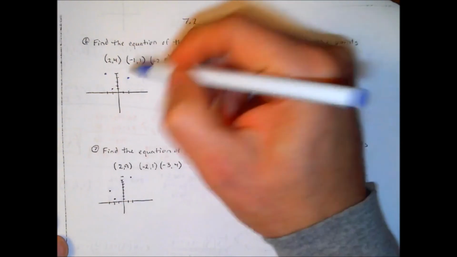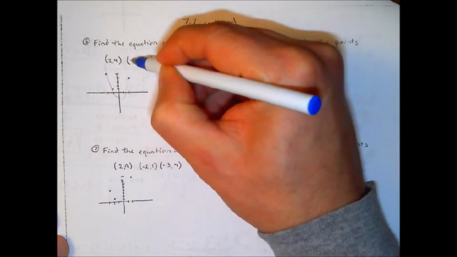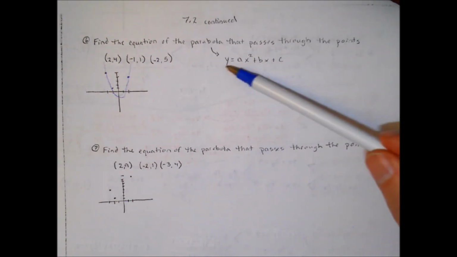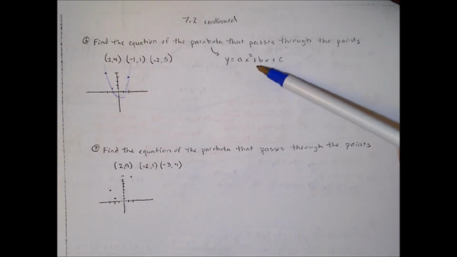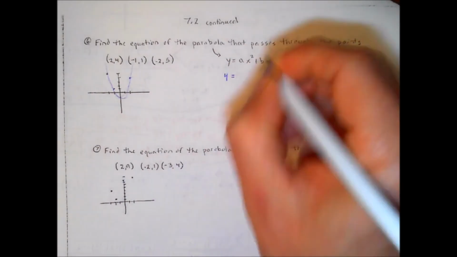So 1 equals negative 1 squared would be 1a, and negative 1 times b. Plug in this y is a 5. X is a negative 2. Negative 2 squared is 4, so it'll be 4a. Negative 2 times b, and plus c. Okay, so that's how we can get our three equations right here.